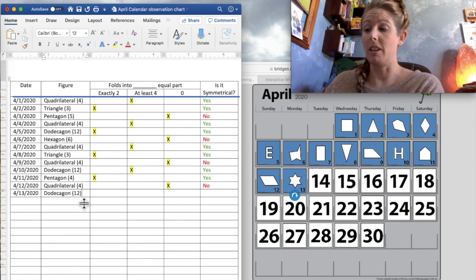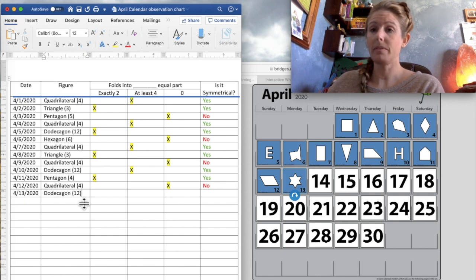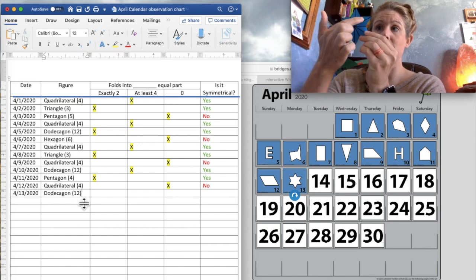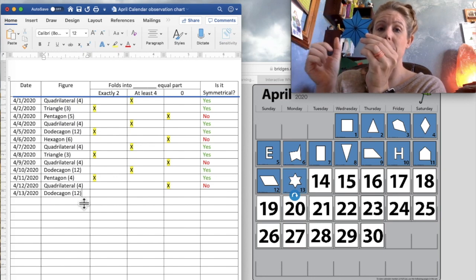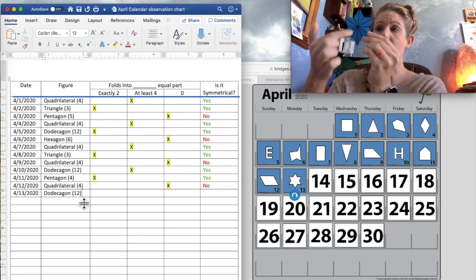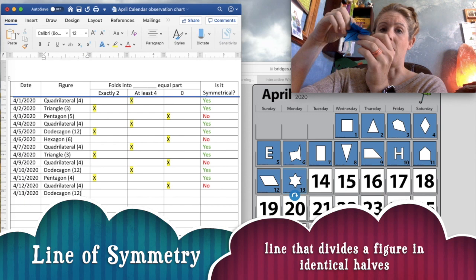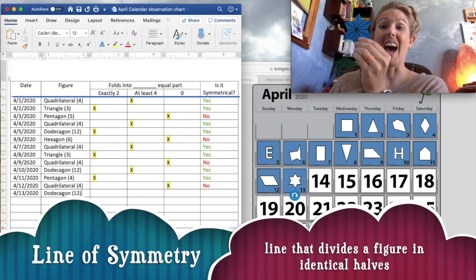draw some lines in. Here we have our lines of our folds. If you look, every single one is same shape, same size. So look at all of those lines of symmetry that I could fold them on there. So there is at least 4 equal parts.